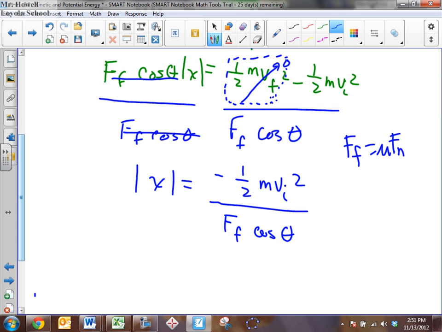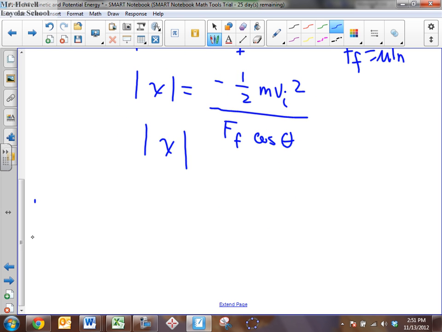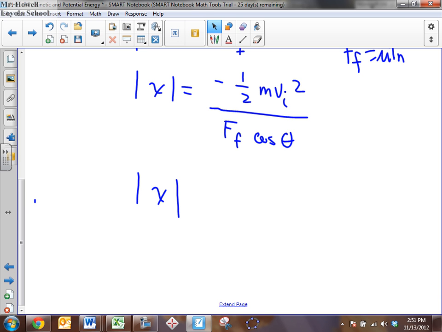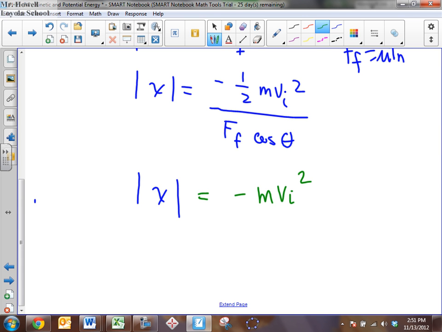Okay. So, here's how I want you to write it now, please. Please write it like this. Negative m vi squared over 2 mu Fn cos theta.